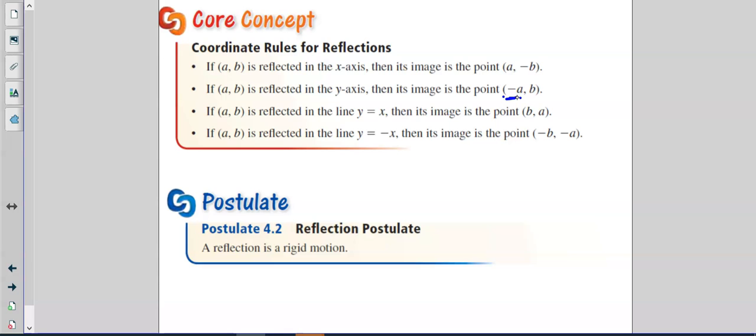If we're going across y equals x, the one we just did, x, y becomes y, x. How we just switch those, A, B becomes B, A. And we didn't show this one, but if it was y equals -x, that would just be this line right here. It's kind of the same thing where they flip, but they also become opposite. So it becomes -B, -A.